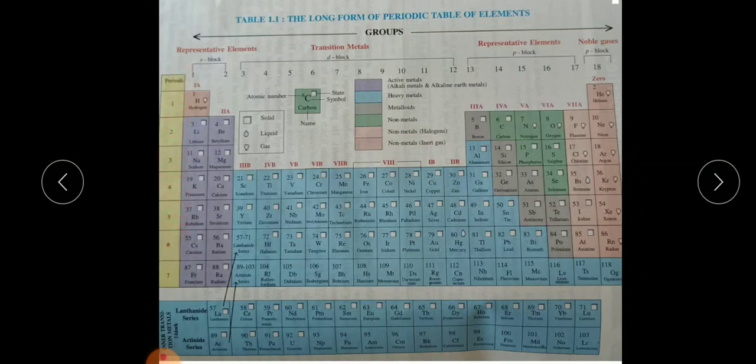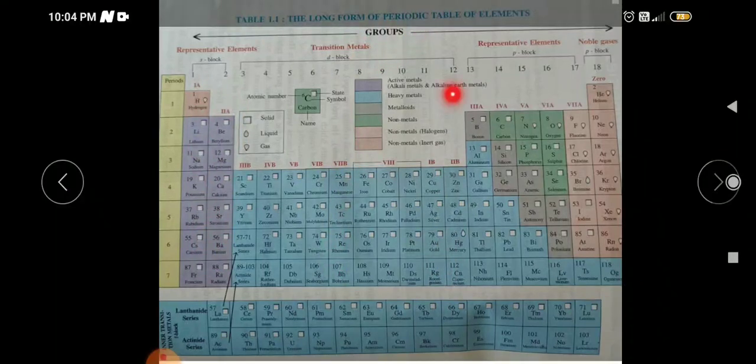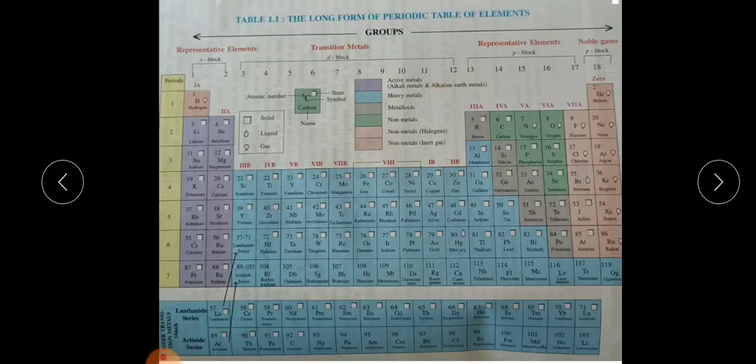The vertical columns are known as groups. There are 18 groups ranging from 1 to 18. So in the modern periodic table we have 7 periods and 18 groups.